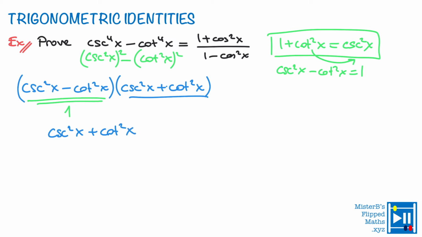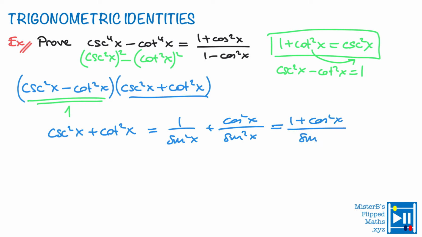Now it's time to write their equivalent by definition, which are 1 over sine squared x plus cosine squared x over sine squared x. So this means we can write this as one single fraction like this.